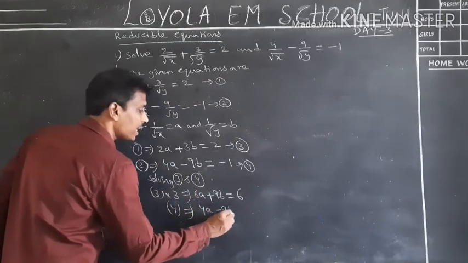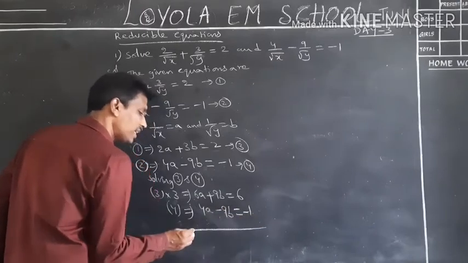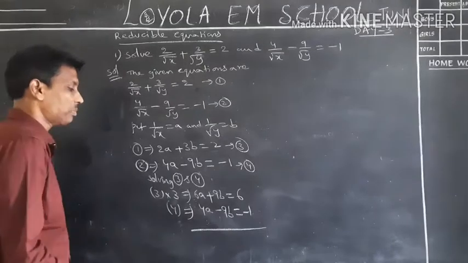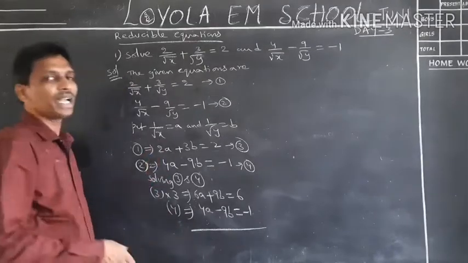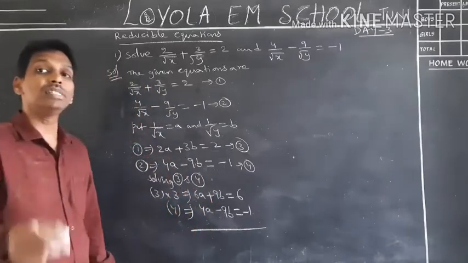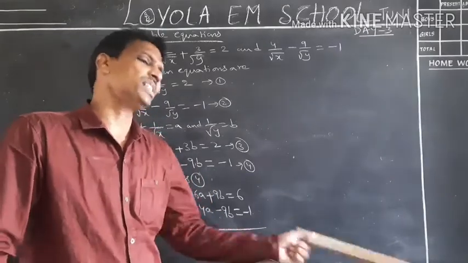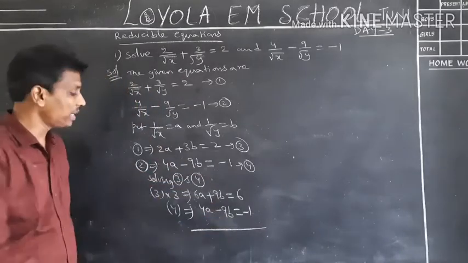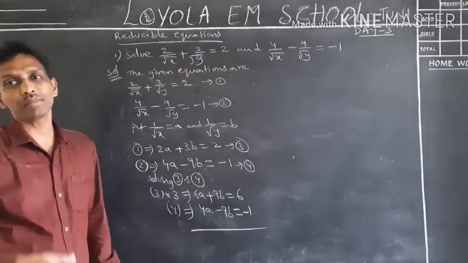4a minus 9b is equal to minus 1. We need not subtract. If we subtract, again we will get a and b values also. Why? Because this minus 9b will change to plus 9b. What is the use of doing subtraction? 9b plus 9b becomes 18b, 6a minus 4a becomes 2a.